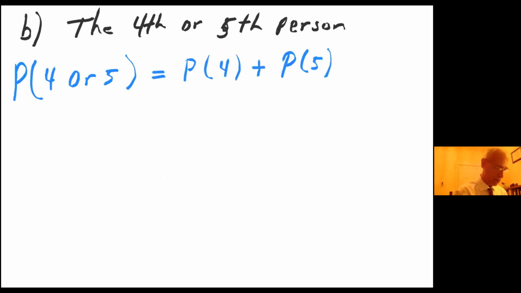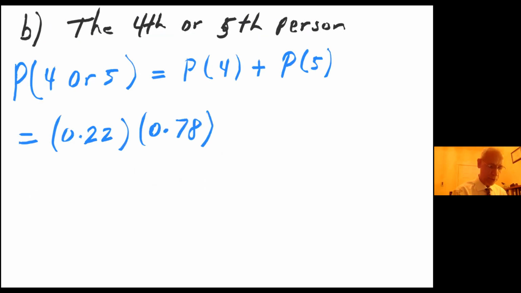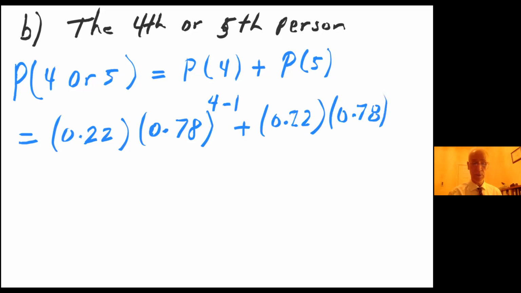Okay, so that equals 0.22 times 0.78 to the power of 4 minus 1, plus 0.22 times 0.78, which is my Q, to the power of, this time, 5 minus 1.